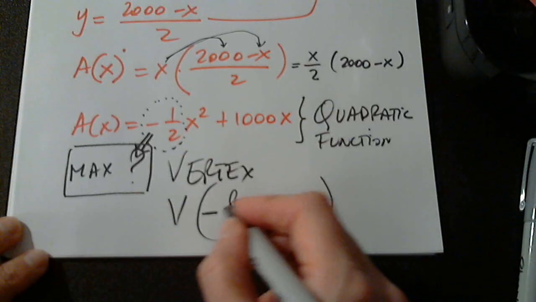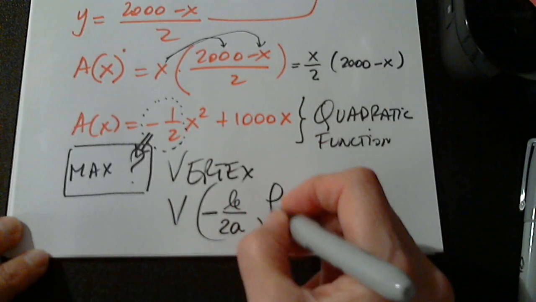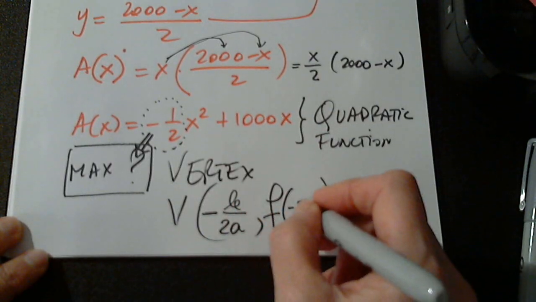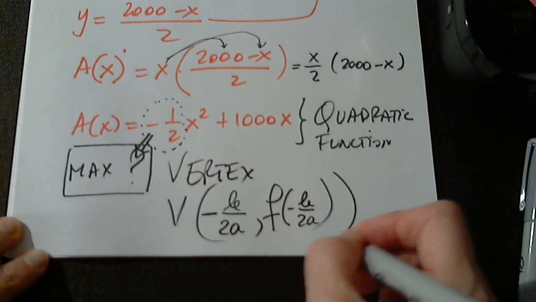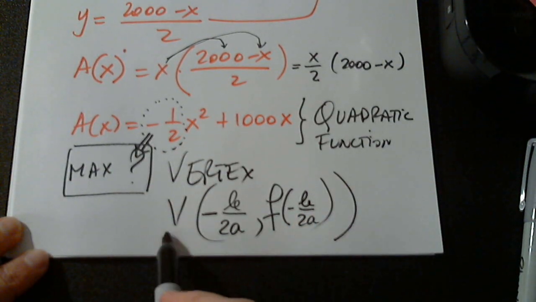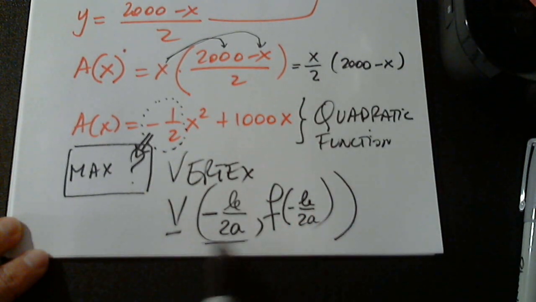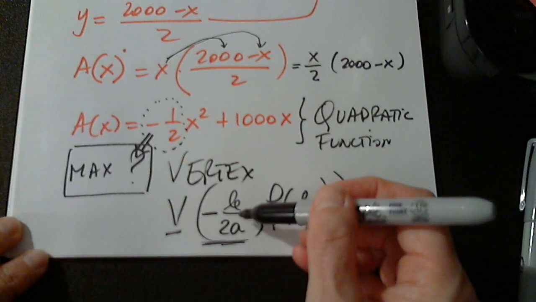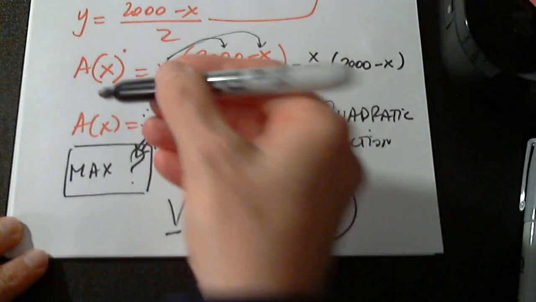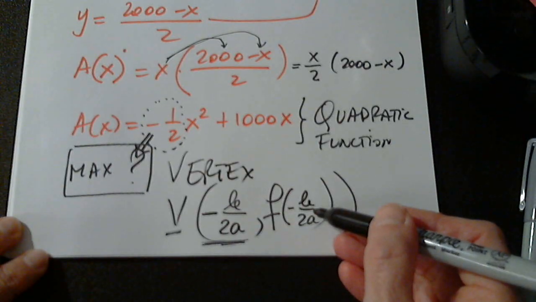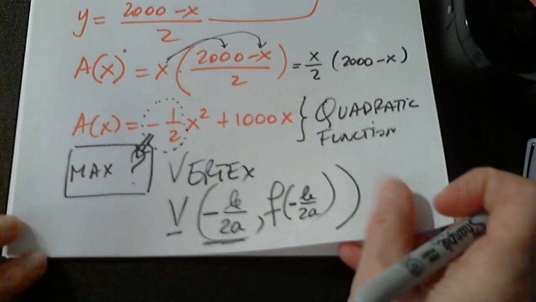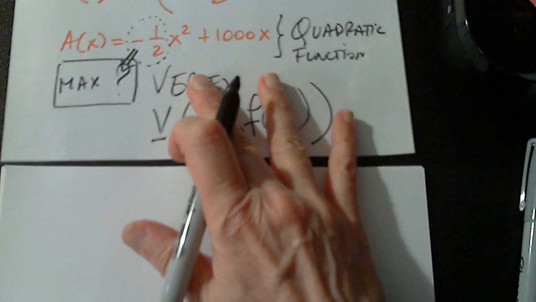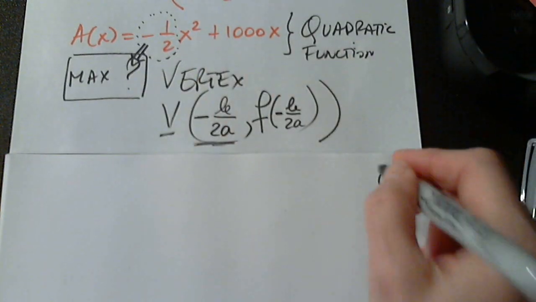The formula is negative b over 2a, f of negative b over 2a. So the vertex, negative b over 2a, is the x coordinate, and whatever I get, I plug it in to find the y coordinate. So let's find negative b over 2a. Can anyone dictate negative b over 2a?